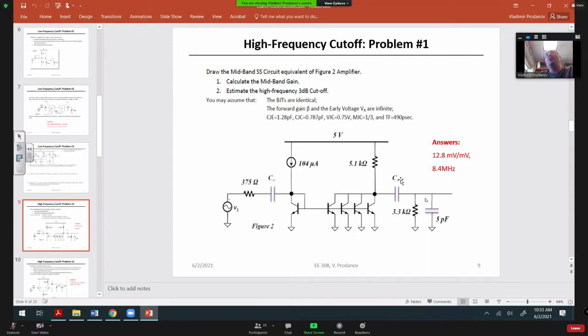You have to be aware that this portion will behave as an inverting amplifier, and the 4 Cmus will experience Miller effect. So that will probably be the dominant capacitance that will set your cutoff.